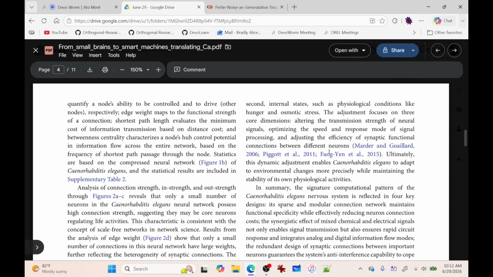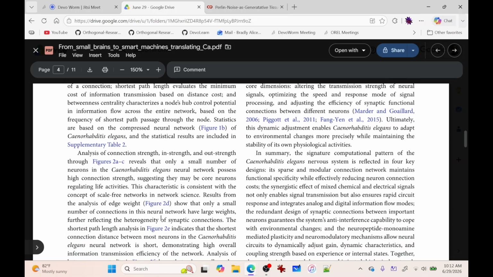Okay, so they analyze the connection strength, in strength, and out strength, and they show that only a small number of neurons in the C. elegans neural network possess high connection strength, suggesting they may be core neurons regulating life activities. This is consistent with the concept of scale-free networks in network science.